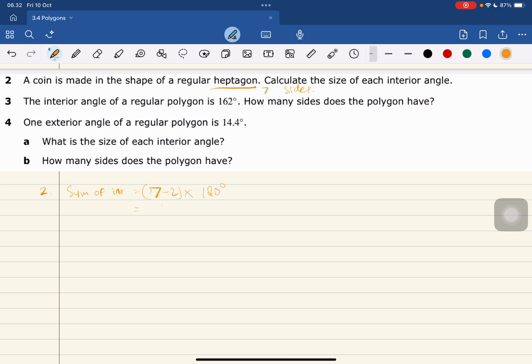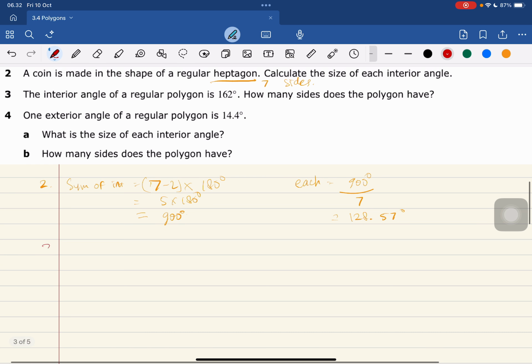So this is 5 times 180 degrees, which gives us 900 degrees. For each angle, we divide 900 by how many sides there are, which is 7. So it will give us the answer of 128.57 degrees.